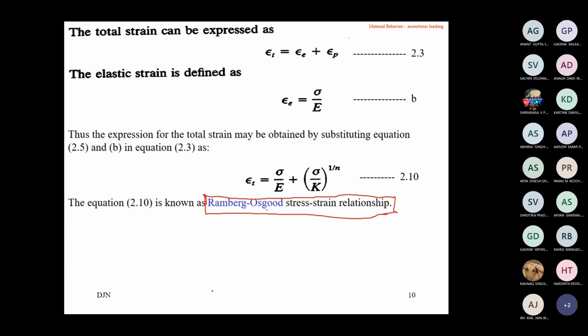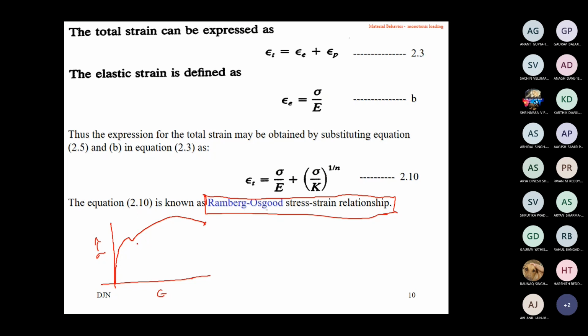Earlier, from your strength of materials lab, the stress versus strain diagram for a moderately ductile material like steel has a linear part, then a clear-cut yield point. Because of strain hardening, the strength increases and reaches an ultimate value, and then it decreases to the fracture point. This is our general curve.